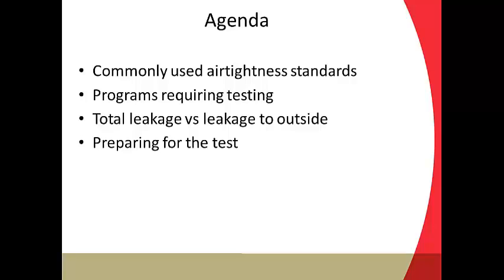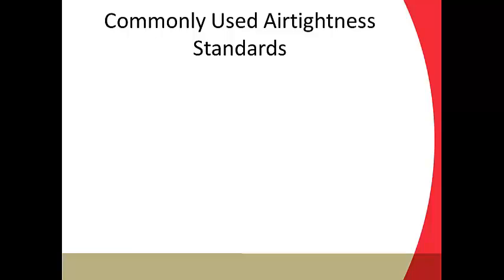You know what the building conditions are, so if you come back another time and test it, you're testing it under the same conditions. Setting up the equipment, running the tubing and cabling if you're doing automated testing. We'll cover all those things. Software options for doing the test. And so we're going to start with the commonly used airtightness standards.